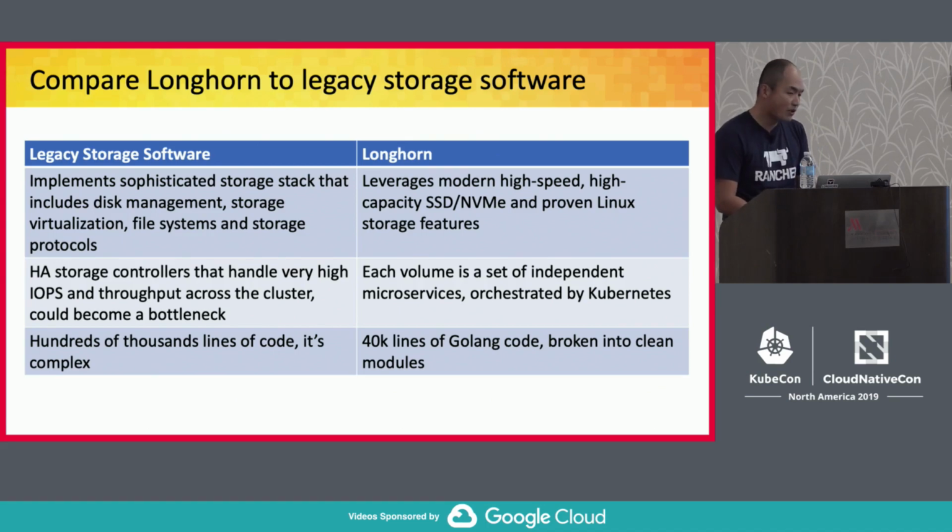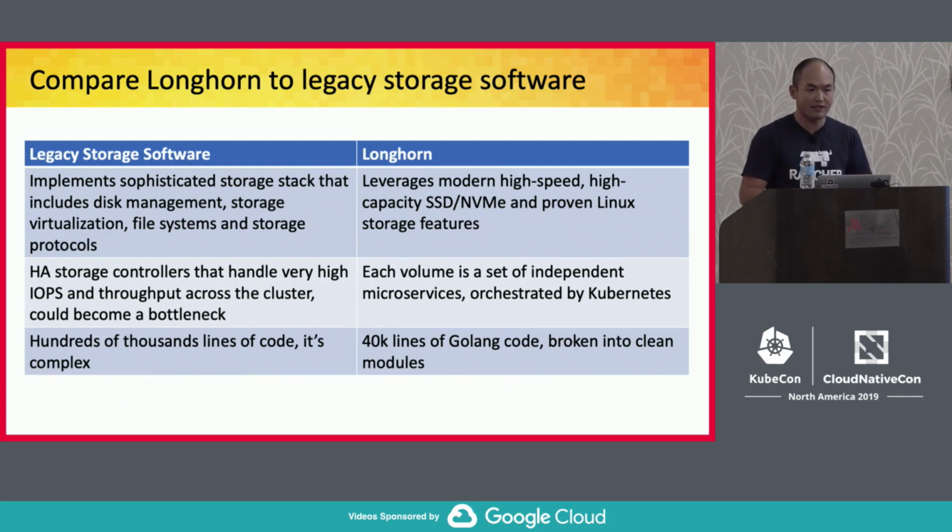In the end, with the help of Kubernetes and other existing mature technology, we're able to implement Longhorn in only about 40,000 lines of Golang code divided into clean modules, compared to the hundreds of thousands of lines of code, probably written in C++, from the other storage software.